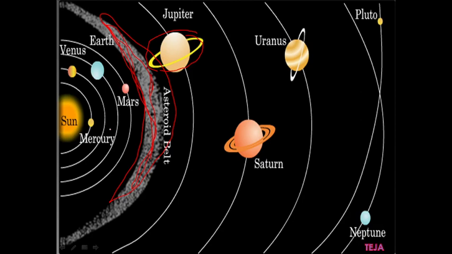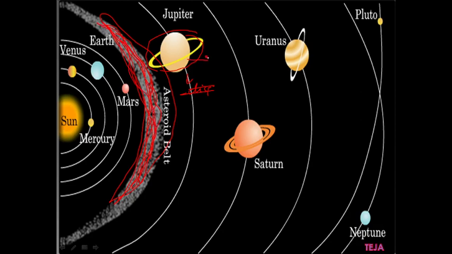Why are they unable to form like a planet? Because there is Jupiter nearby, and this Jupiter has prevented the formation because of its disruptive gravitational force. Because of the disruptive gravitational force, the asteroids here were also nothing but a planet, but unfortunately it was not formed as a planet.